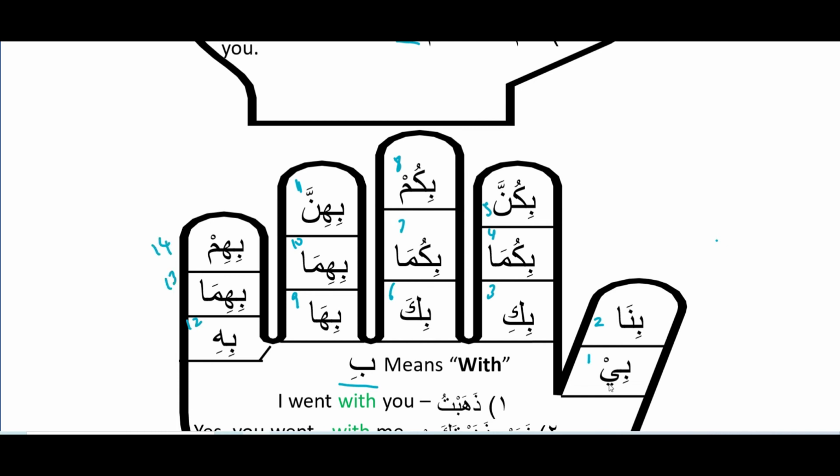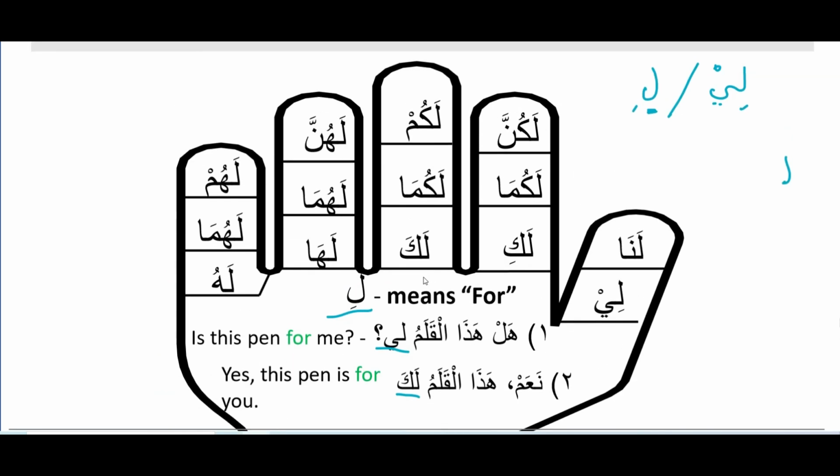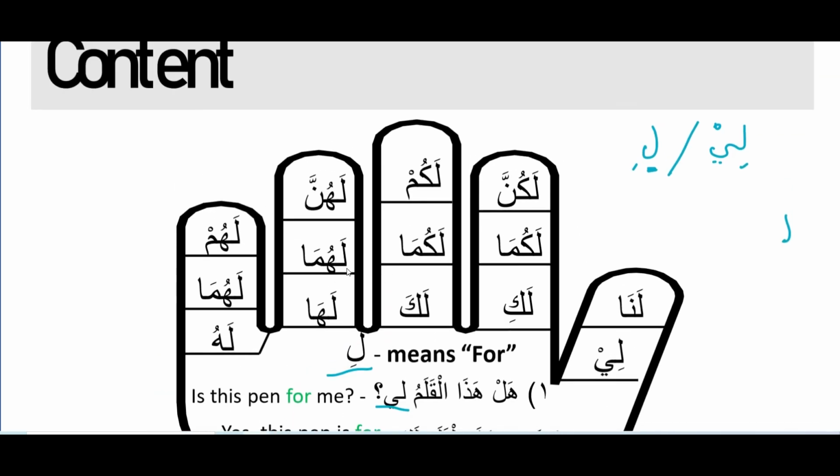From 10 to 14, these 5, if you notice the ha for bihima, bihinna, bihi, bihima, bihim, it's slightly different, because it has a lower vowel, whereas in lahuma, lahunna, lahu, lahuma, lahum it does not.